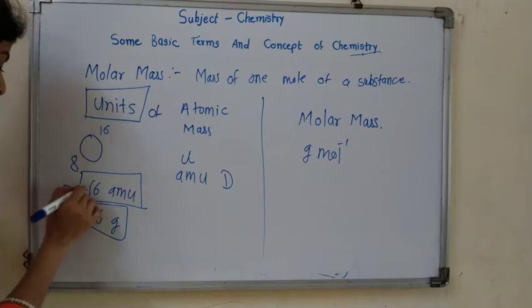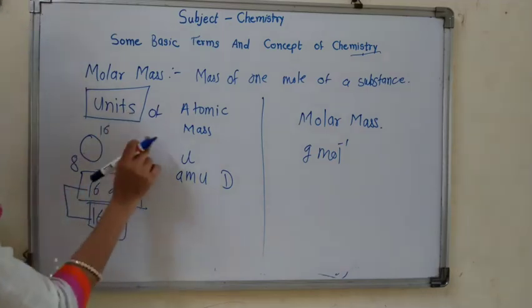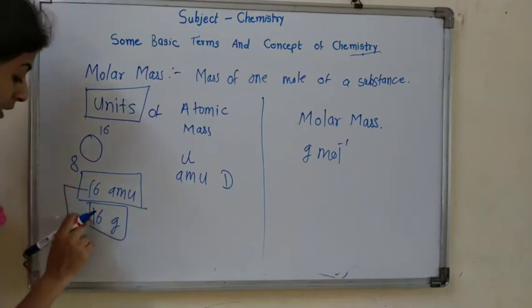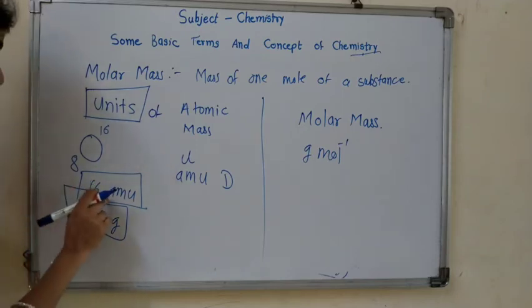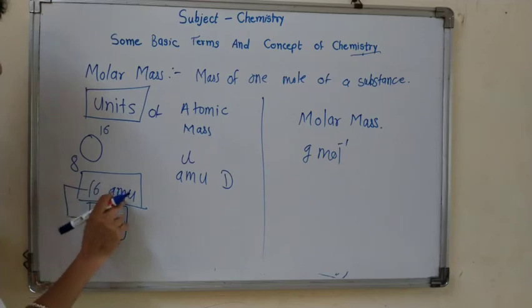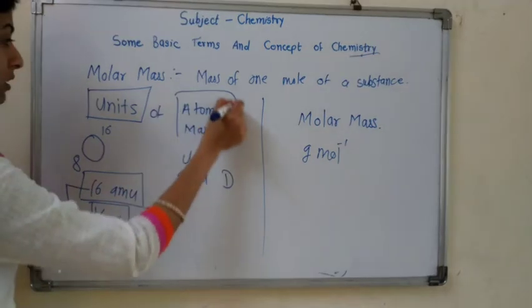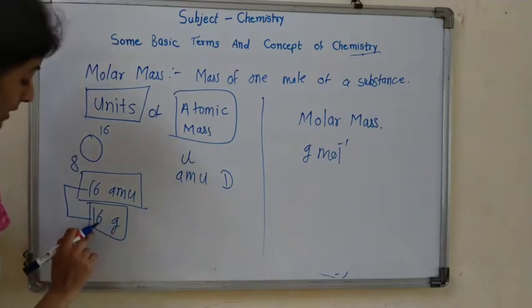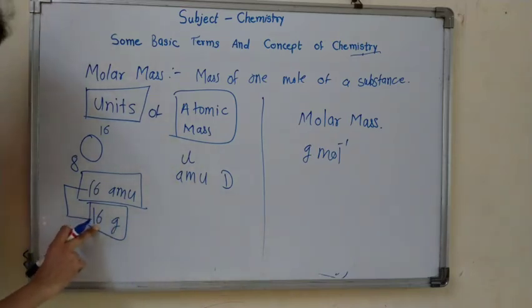The units of atomic mass and molar mass are different, but they are the same in magnitude. 16 AMU, that is 16 atomic mass unit, is represented for atomic mass, whereas for molar mass it is 16 gram. Okay?